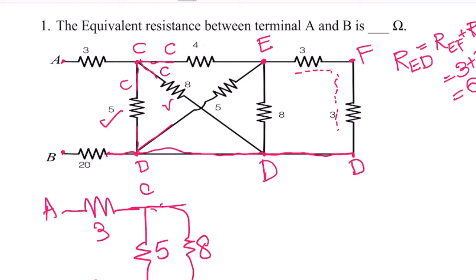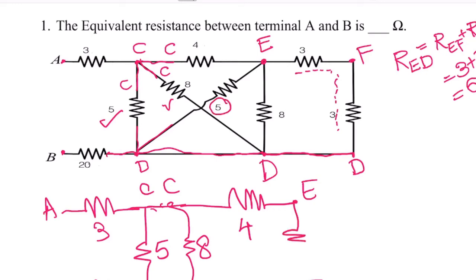This is also the C point and this is also the D point. The problem looks very complicated, but it is very simple if you redraw the diagram. Again this is the E point, and across E and D there is 5 ohms, and again across E and D there is 8 ohms.